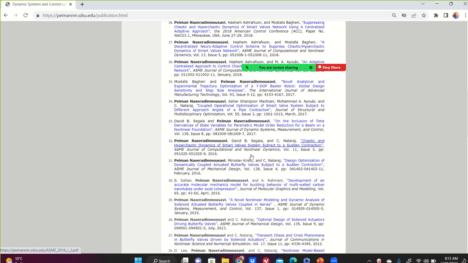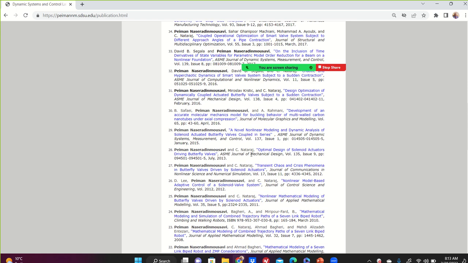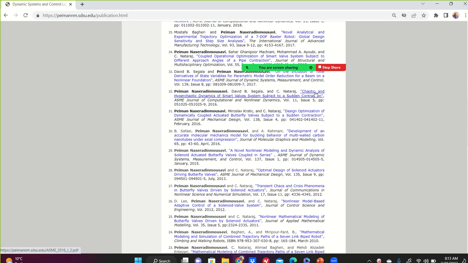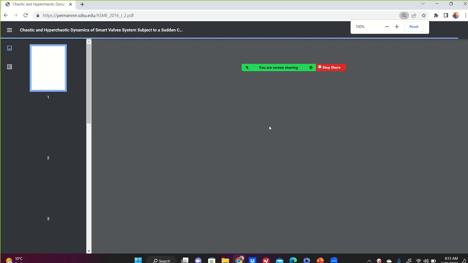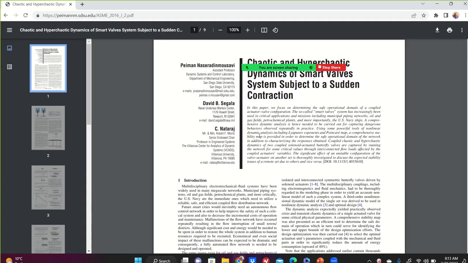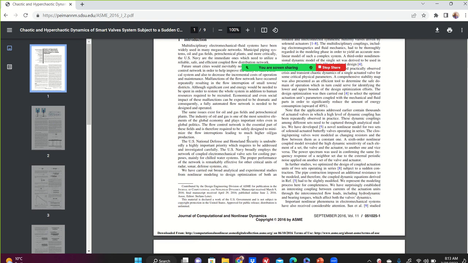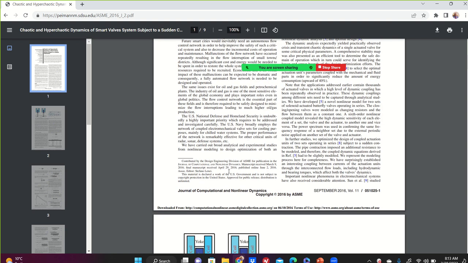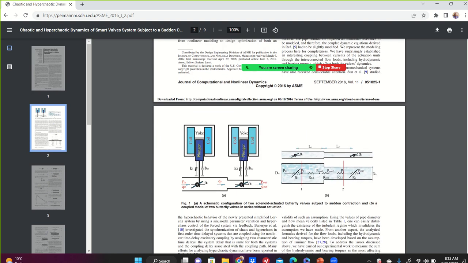These are my publications. Look at this: Chaotic and hyperchaotic dynamics of smart valves system subject to a sudden contraction. We published in the ASME Journal of Dynamic Systems, Measurement and Control, in 2016.